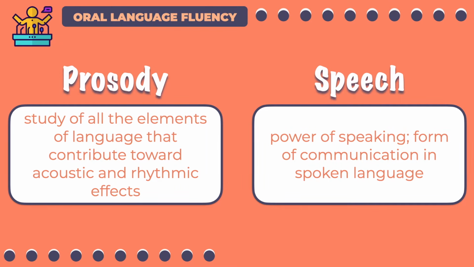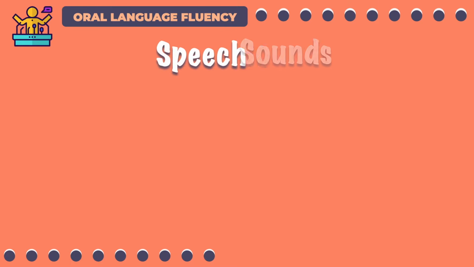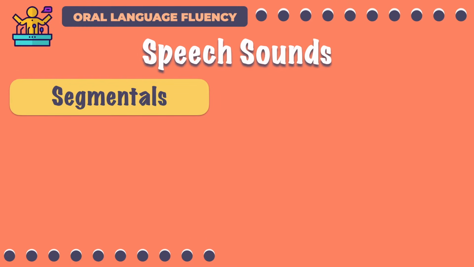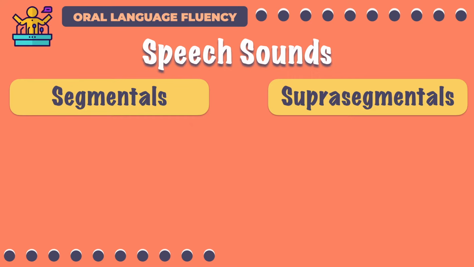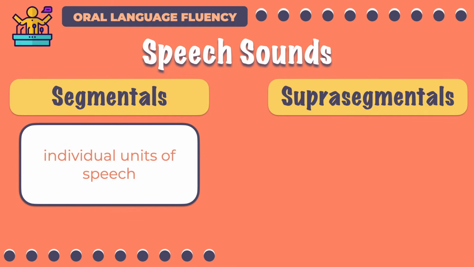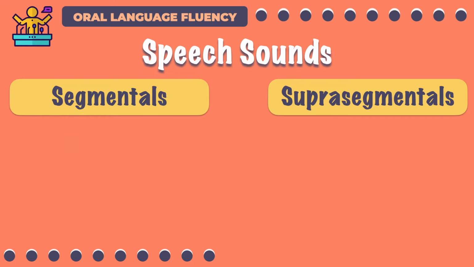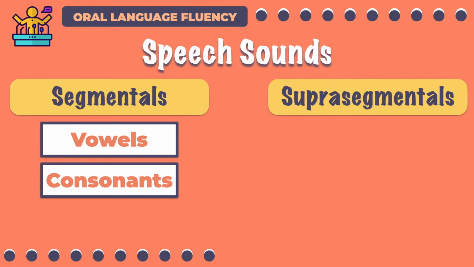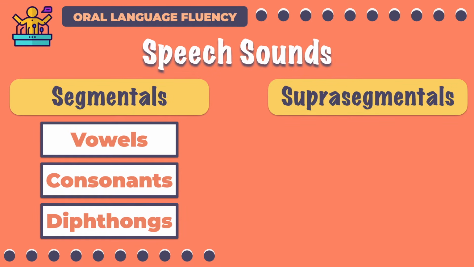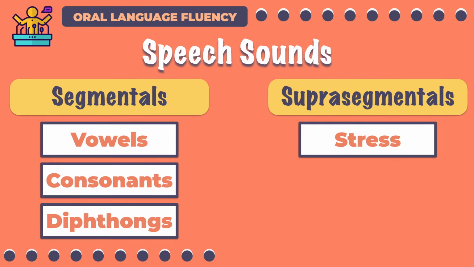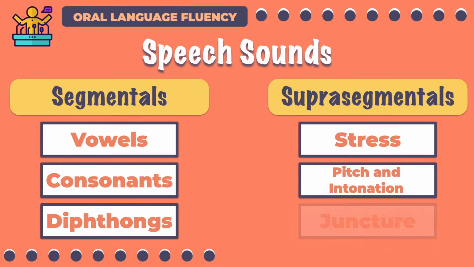Speech, being able to produce sounds, has two types: segmentals and suprasegmentals. Segmentals are the individual units of speech, while suprasegmentals are speech features that accompany or are added over a segmental. Under segmentals are vowels, consonants, and diphthongs. Under suprasegmentals are stress, pitch and intonation, and juncture.